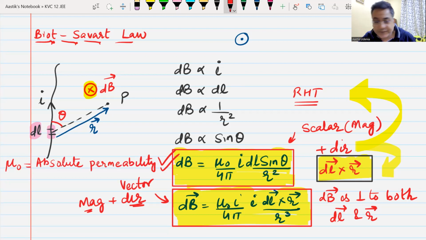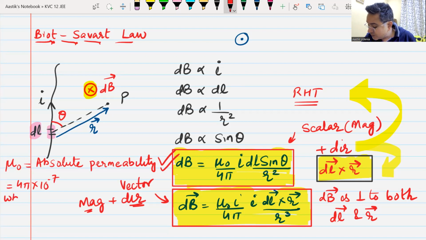It is a constant, and the value of mu naught is 4 pi into 10 raised to the power minus 7. There are different ways in which you can write its unit.